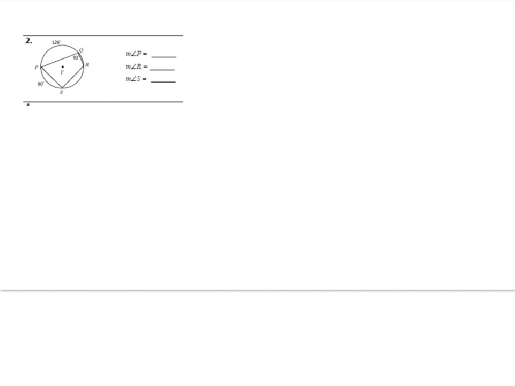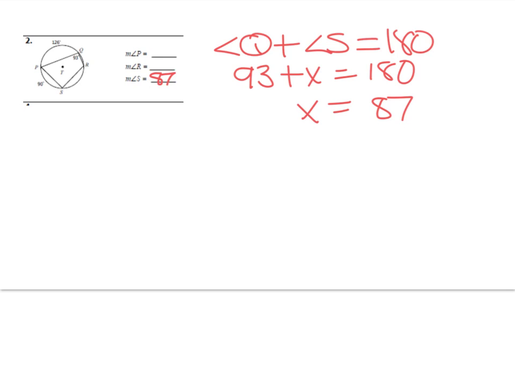Here I'm given angle Q. What I know is that angle Q plus angle S is going to equal 180 degrees, so I can solve and find angle S. What I also know is that angle R is inscribed, so angle R and angle P add up to 180.